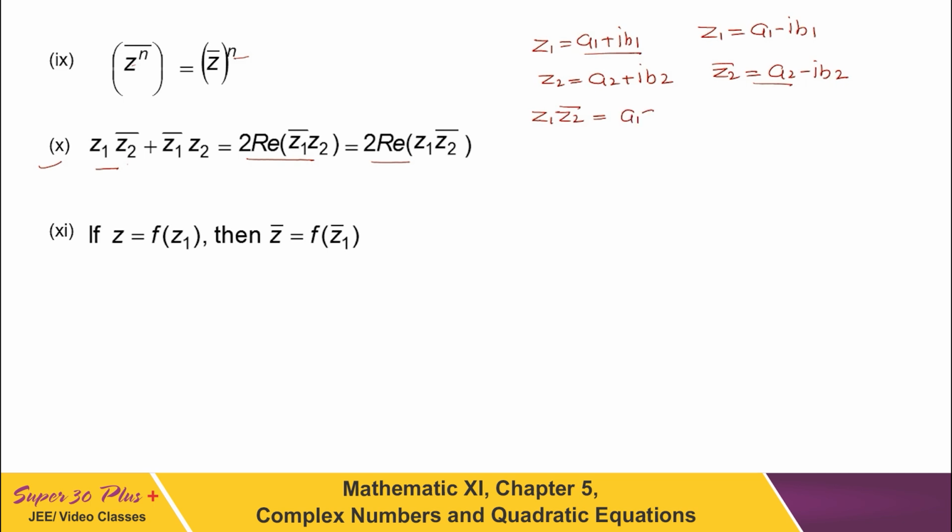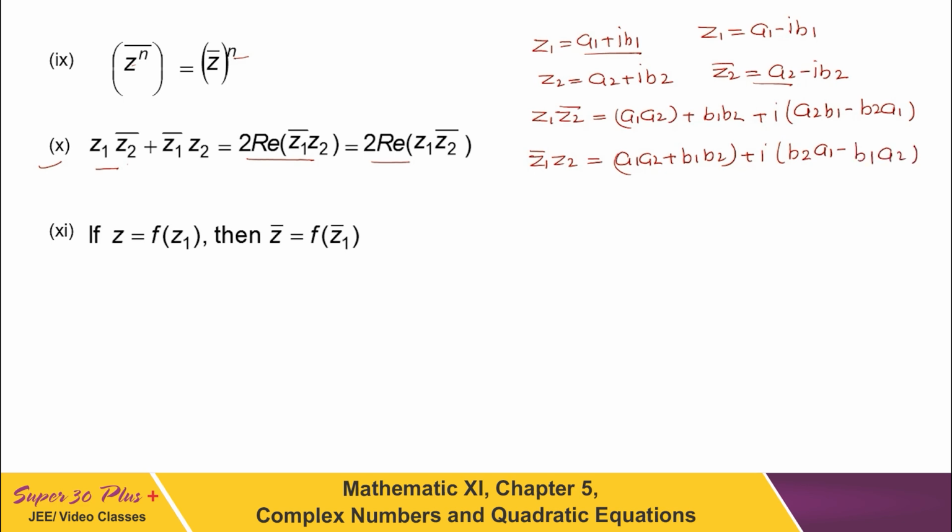It is A1 A2, and minus minus plus B1 B2, and plus iota (A2 B1 minus B2 A1). This is the value of Z1 Z2 bar, and Z1 bar into Z2 is equal to A1 A2, again plus B1 B2, and plus iota (B2 A1 minus B1 A2).